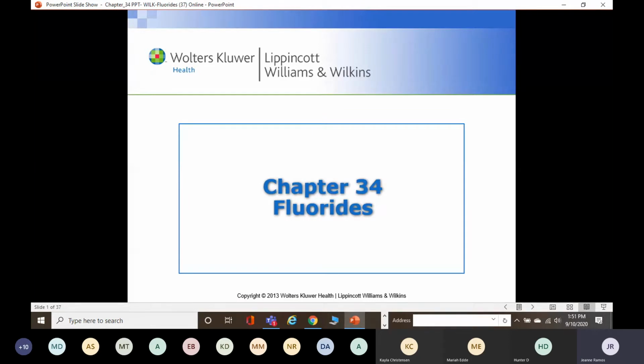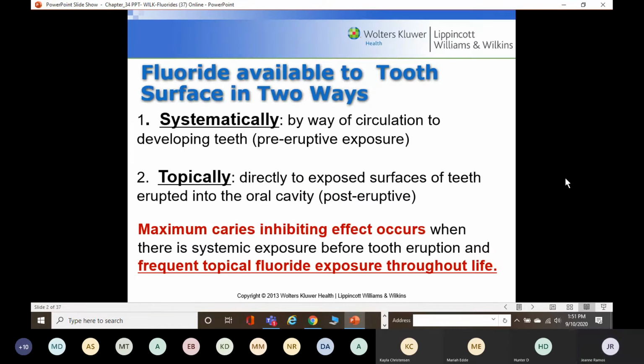And somebody else will come back and say it was basic dental hygiene and perio or whatever. But fluorides are something that is so key to our industry. You're going to have fluorides in some way or another in a lot of your other classes. And so hopefully it will just be reiterating different aspects of fluorides so that you'll be prepared like our other students have been for boards.